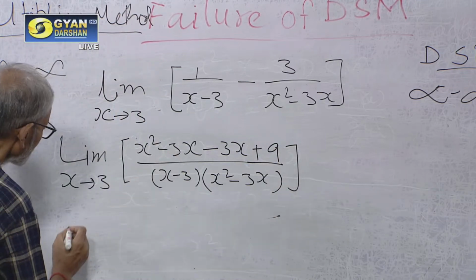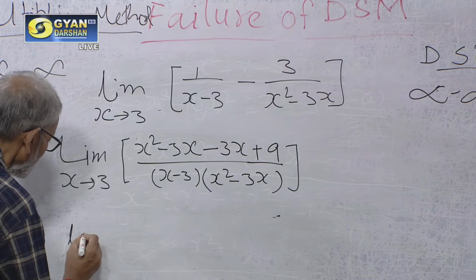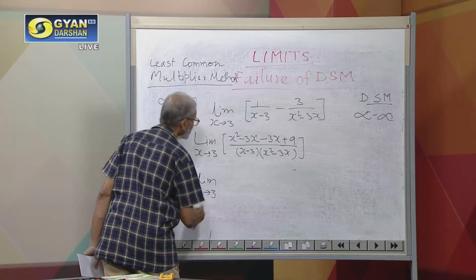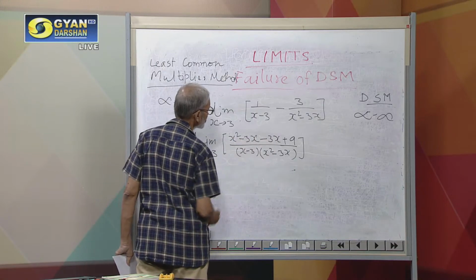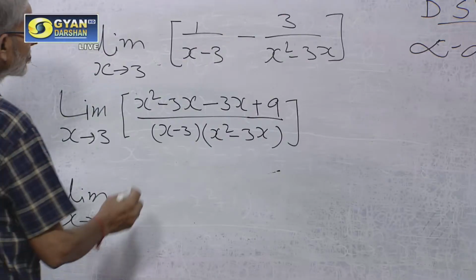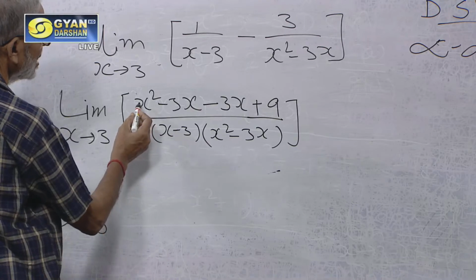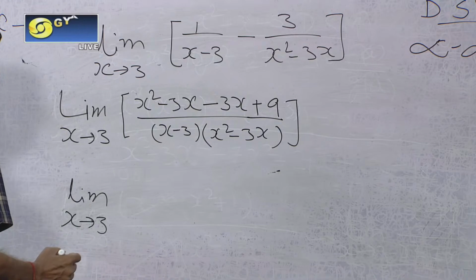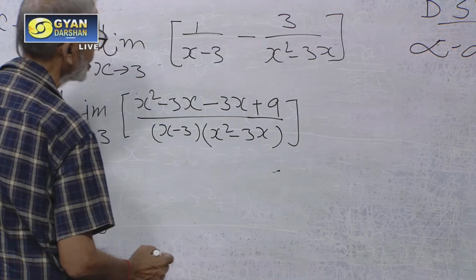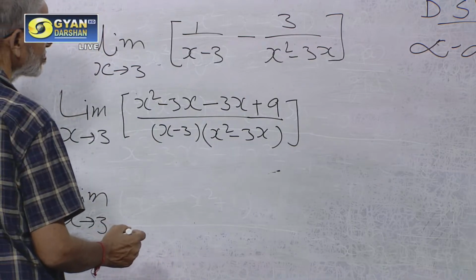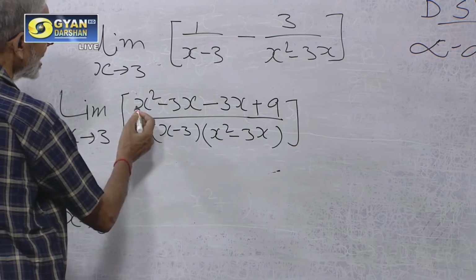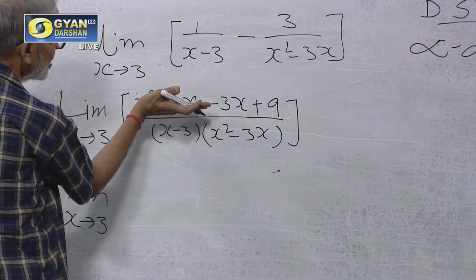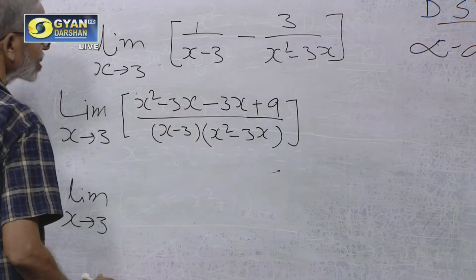Simple algebra. x tends to 3. Now, this is x square minus 6x plus 9. Let us take x minus 3 common, because again it will become 0 upon 0.